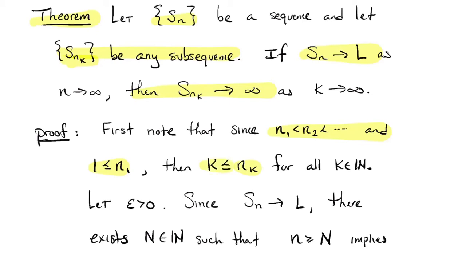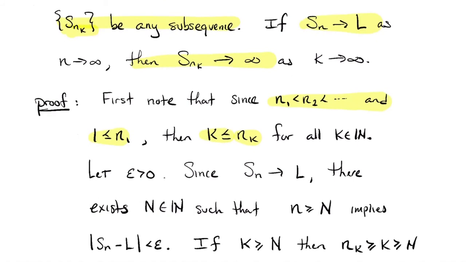You might want to stop the video and think about that for a second. If you select an infinite increasing subset of the natural numbers, the kth element that you pick, because it's strictly increasing, has to be at least k. So n sub 1 is at least 1, n sub 2 is at least 2, and so on. I'll let you think through the details of that, and I'm just going to use it here.